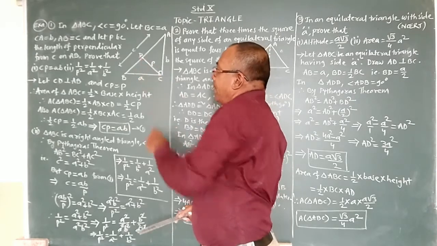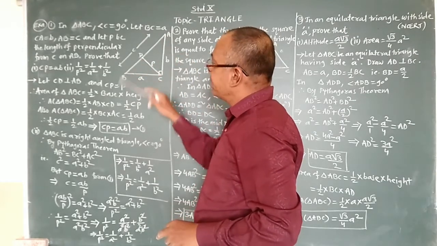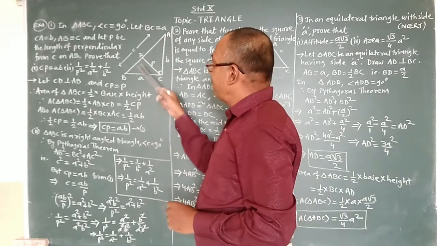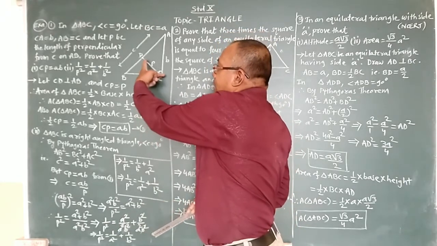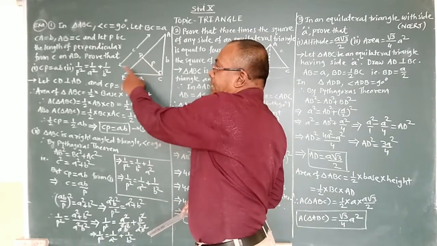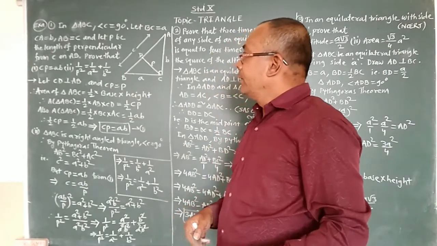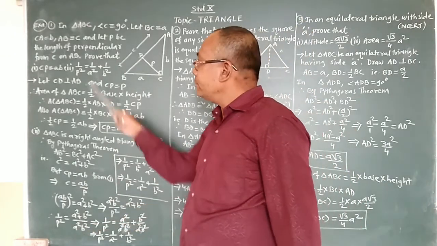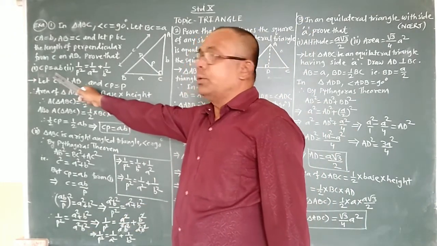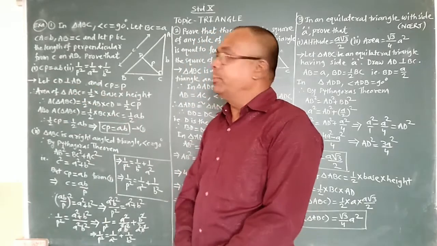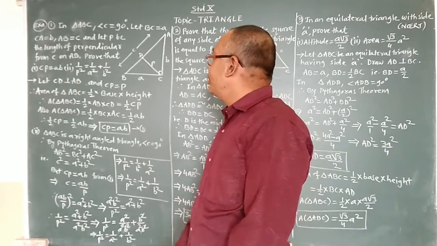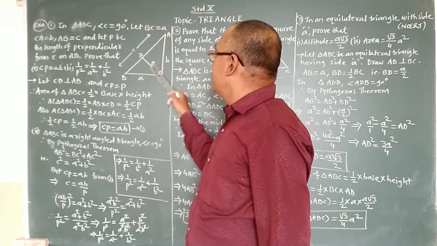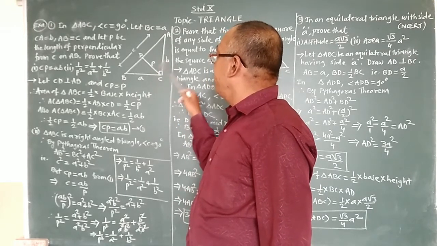CD is the perpendicular drawn which intersects the hypotenuse AB in a point D. Then prove that cp is equal to ab. We have to prove that cp is equal to ab.